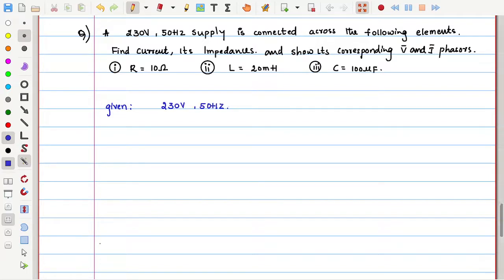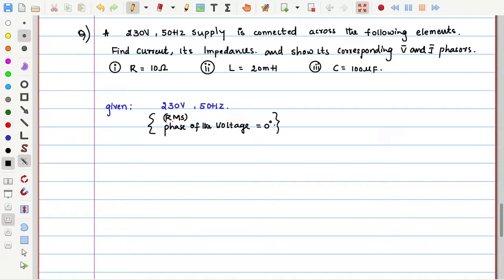Remember hereafter, if the supply is given with only magnitude, by default the given thing is the RMS value of the voltage, and the phase of the source voltage is taken as 0 degree. These are assumed by default if not given. The given value is RMS first, and its corresponding phase value will be 0 degree.